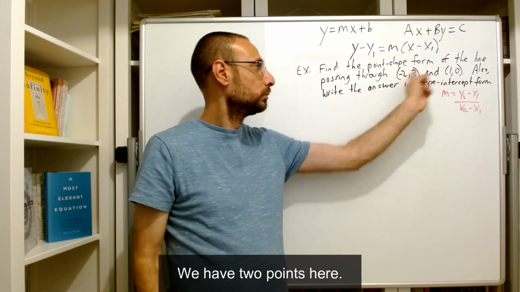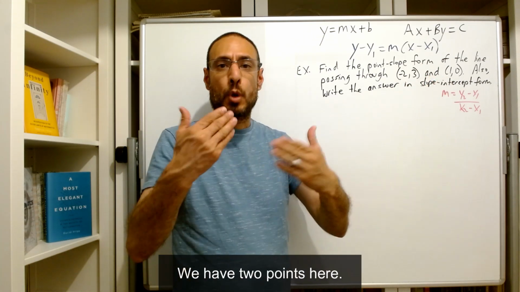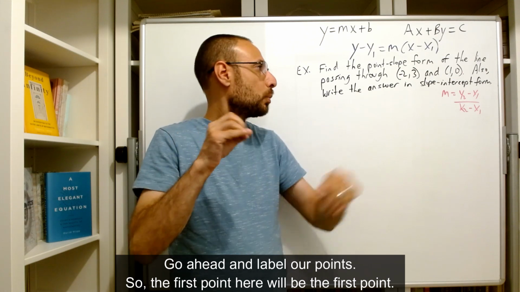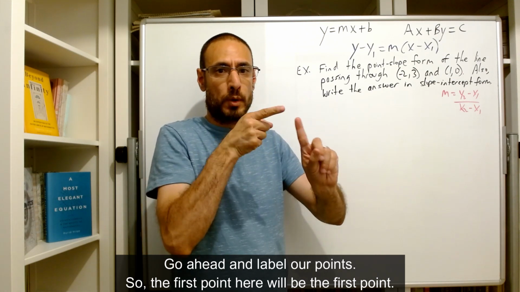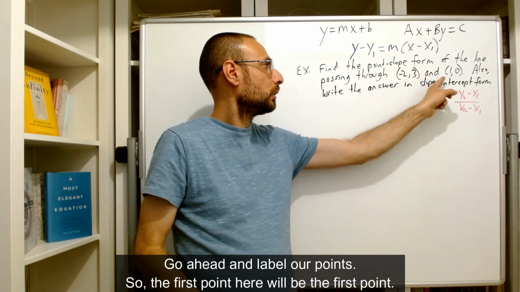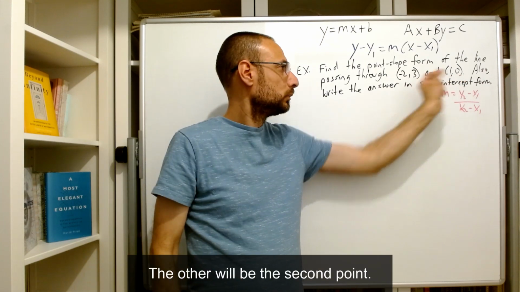We have 2 points here. Go ahead and label our points. So, the first point here will be the first point. The other will be the second point.